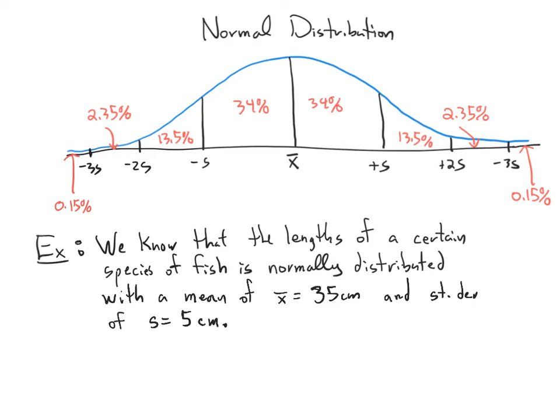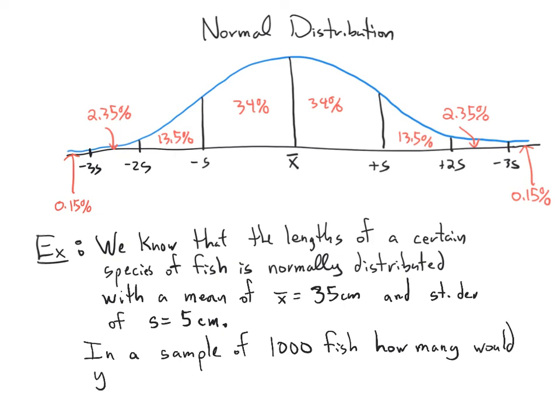So, in a sample of, let's say, 1,000 fish, how many would we expect to be?